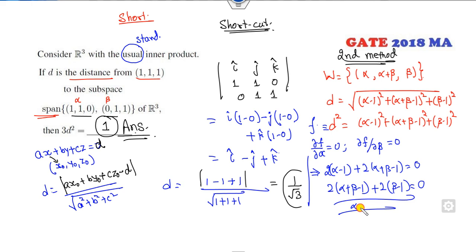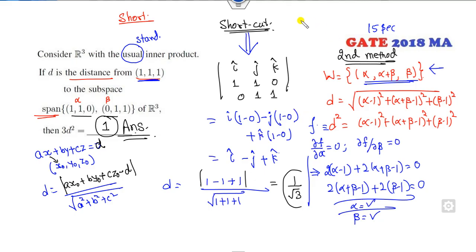Once you solve, you will get the values of alpha and beta. Substitute them here, and then you can find the distance from the point 1, 1, 1. But that will take a lot of calculation. You are unable to solve this question within 15 seconds if you use this method. But I always recommend you apply the trick.